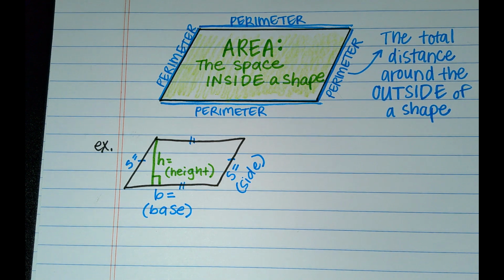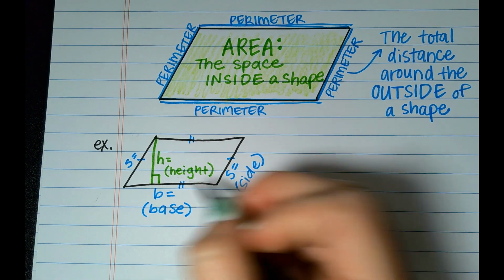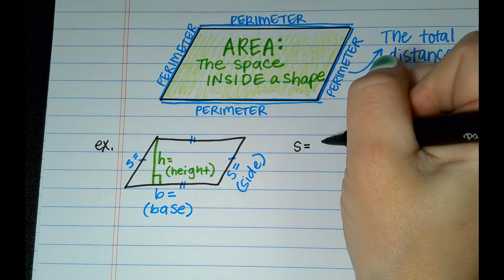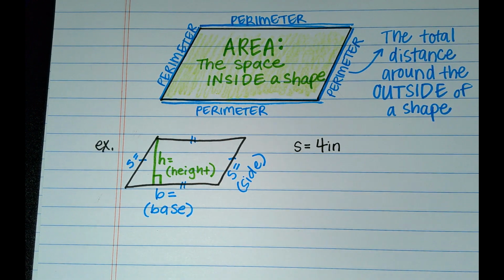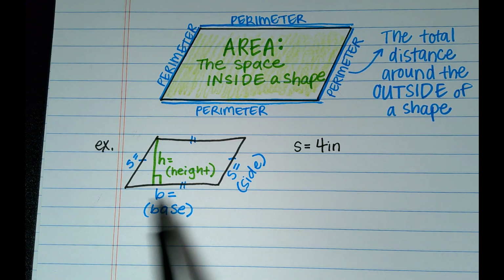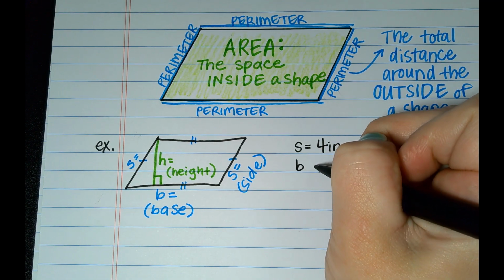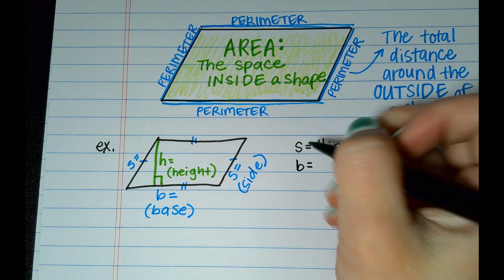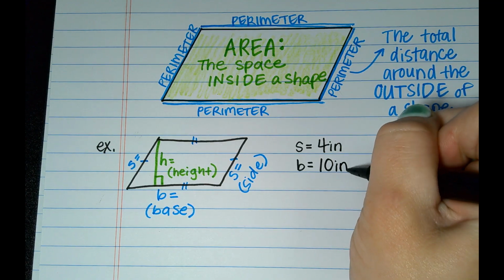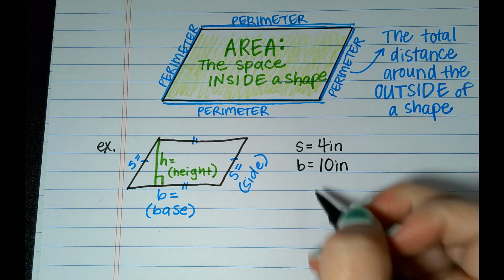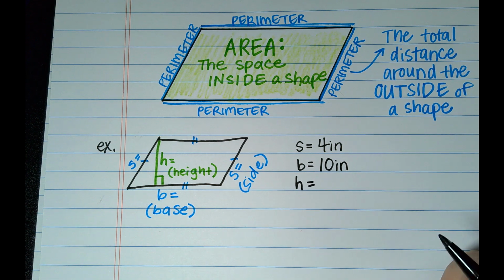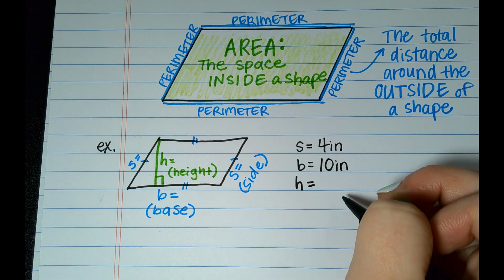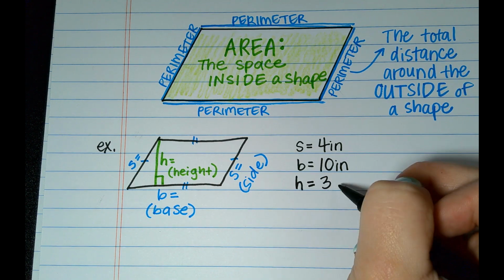So if I tell you a side length is 4 inches, your base length, let's say that is 10 inches, and we'll say that our height is 3 inches.